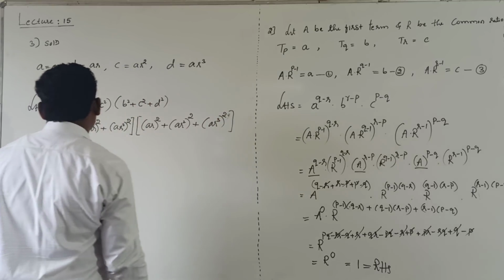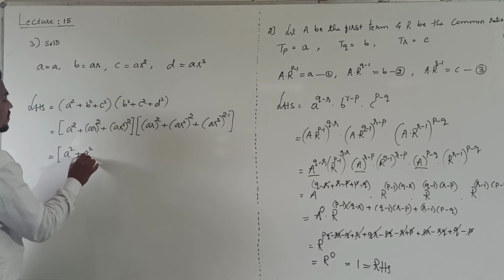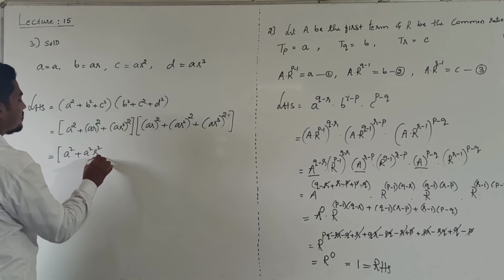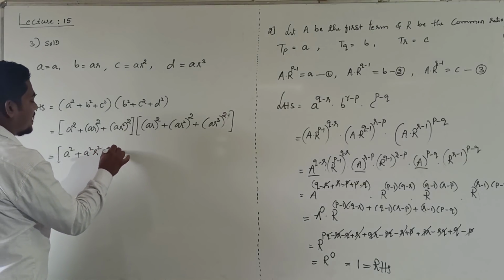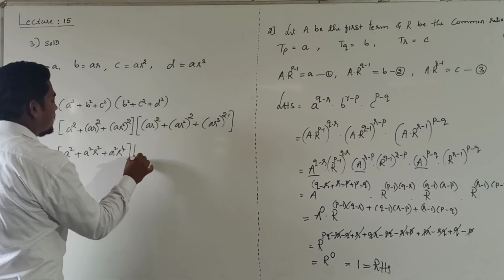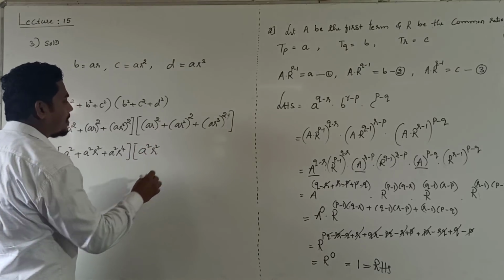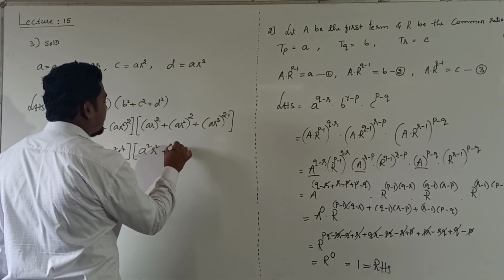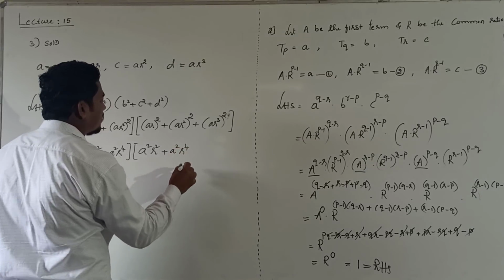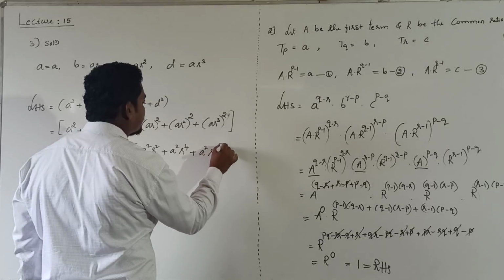Now write one more step: (a square plus a square r square plus a square r power 4) into (a square r square plus a square r power 4 plus a square r power 6).